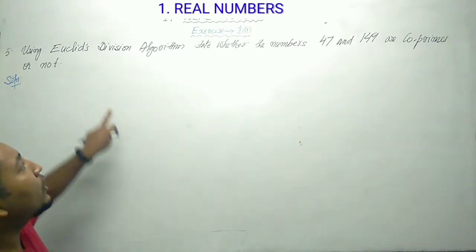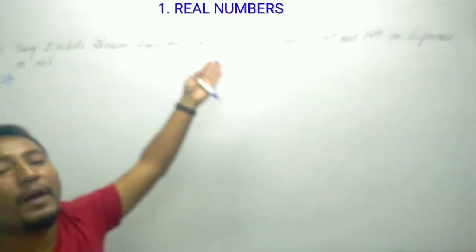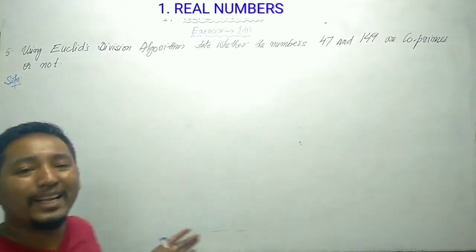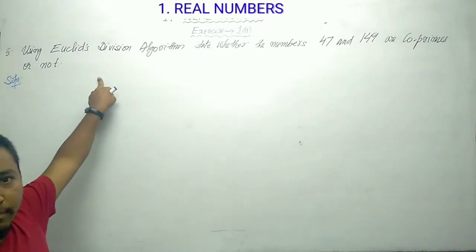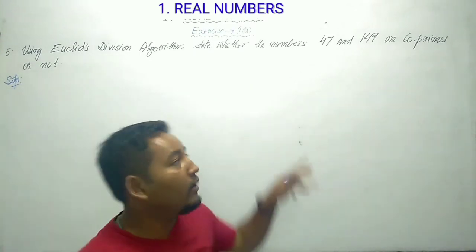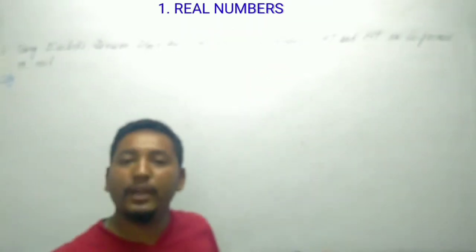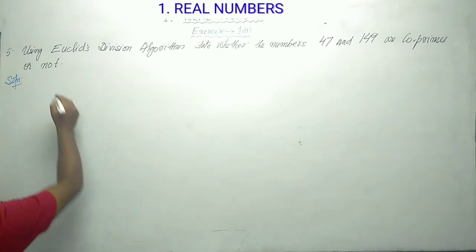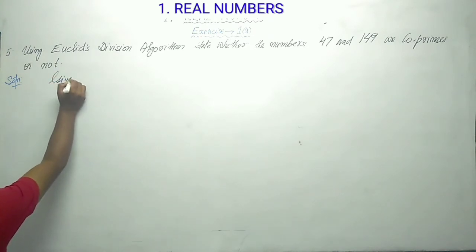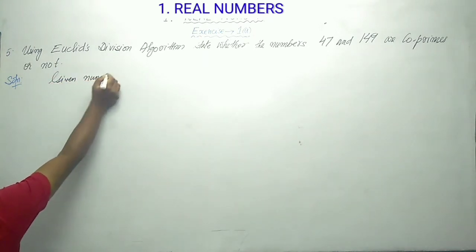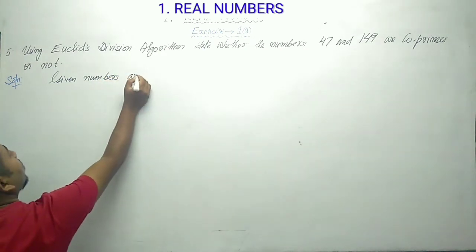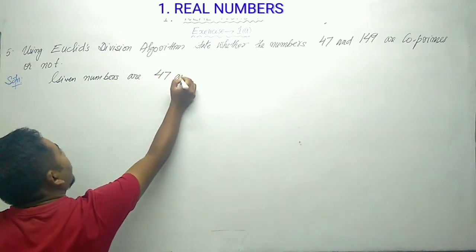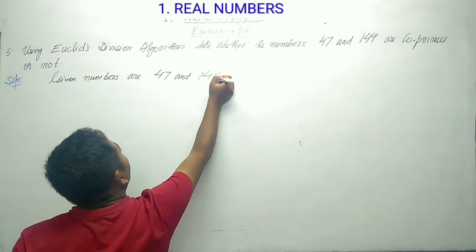So in this case, we have to state whether the numbers are co-prime or not. Let us find out the HCF by Euclid's division algorithm. If the HCF is 1, 47 and 149 are co-prime, and if the HCF is not 1, they are not co-prime. Let us start. Given numbers are 47 and 149.